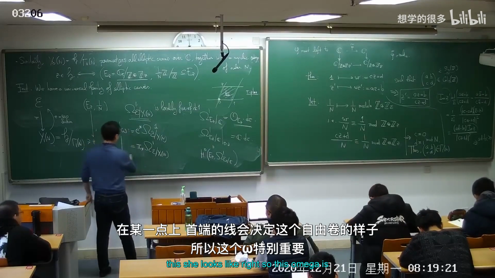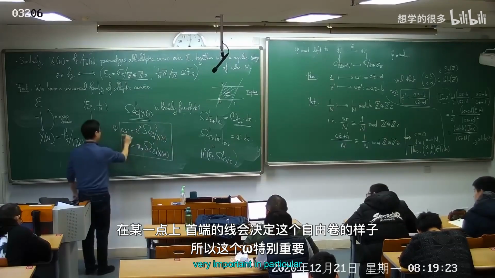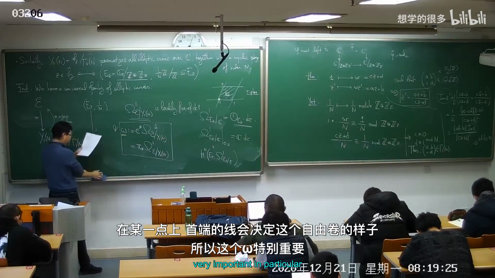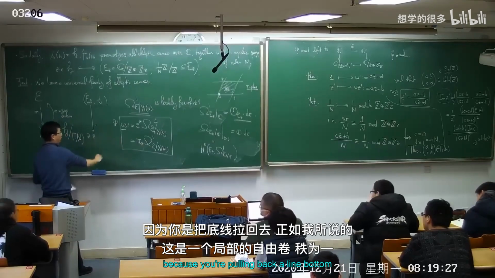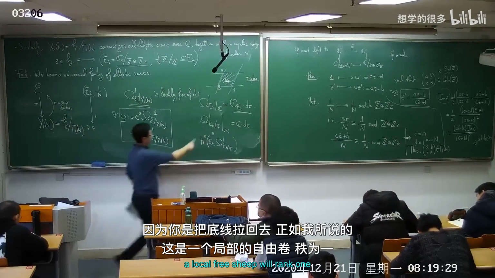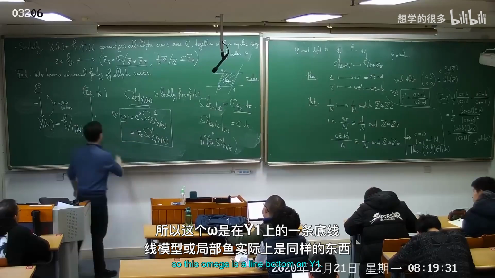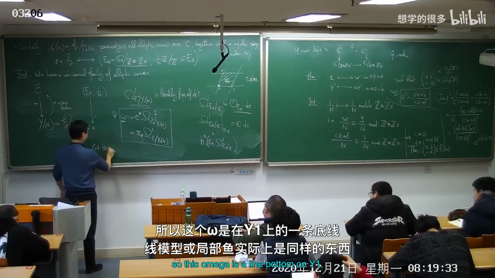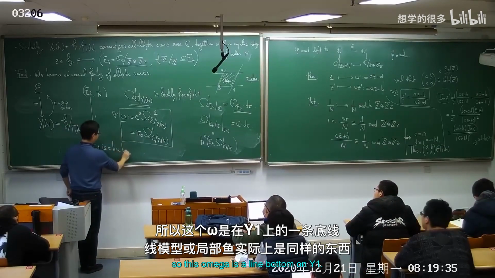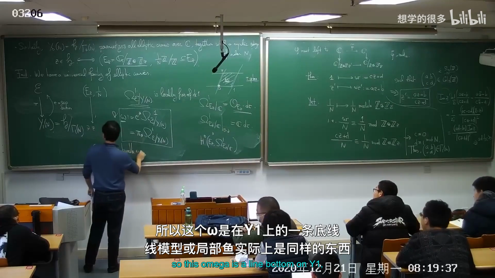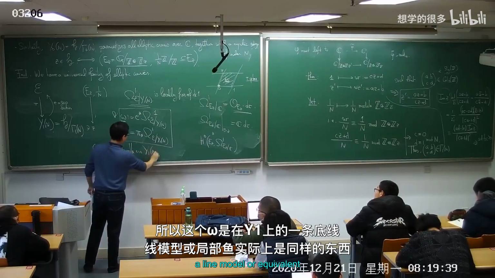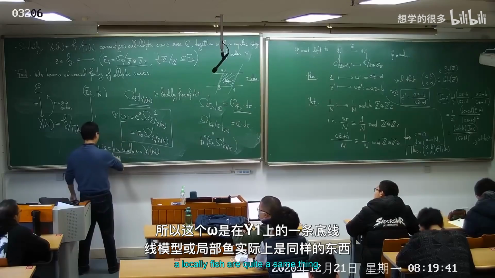So this omega is very important for us. In particular, because you're pulling back a line bundle. Because, as I said, it's a locally free sheet of rank 1. So this omega is a line bundle on Y1. A line bundle or equivalently, a locally free sheet of rank 1. Same thing.